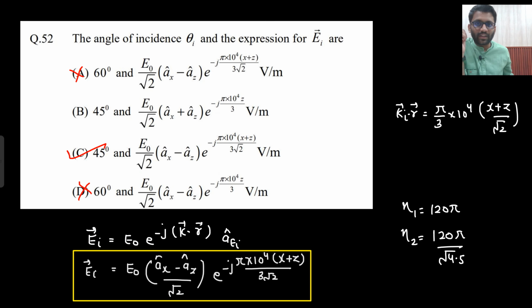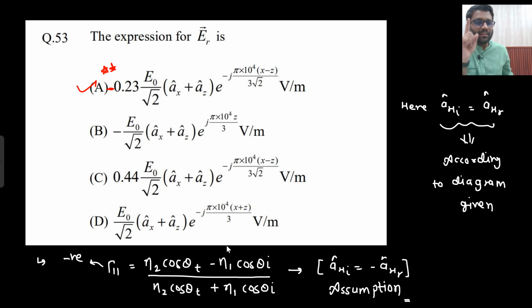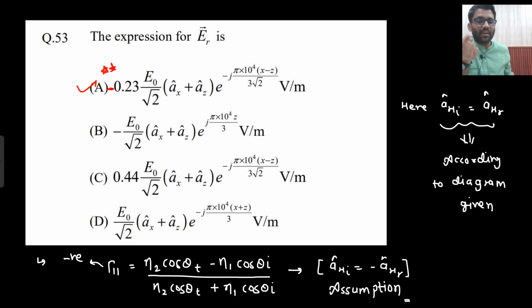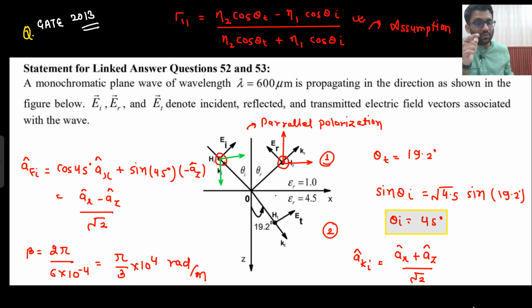For the direction of the electric field, we can write down this formula, but this formula has come from an assumption. What is that assumption? That the incident and reflected magnetic fields should be in the opposite direction. But here they are in the same direction. That means if my gamma is becoming negative, the shown direction is correct. And if your gamma becomes positive, the shown direction would be incorrect. Is that clear to you?